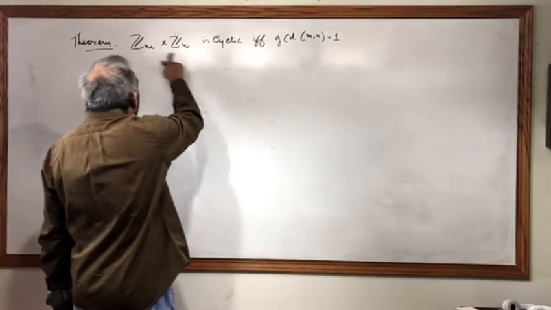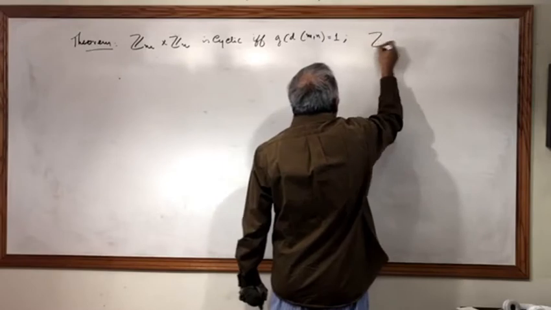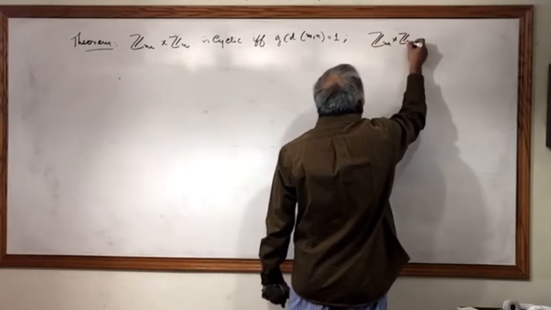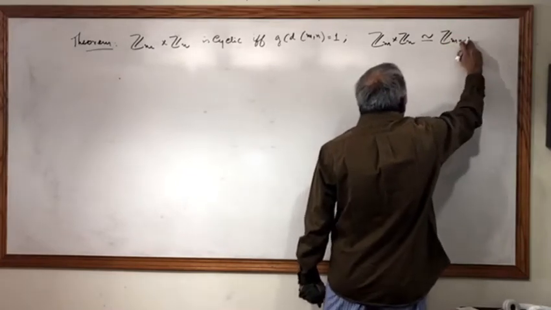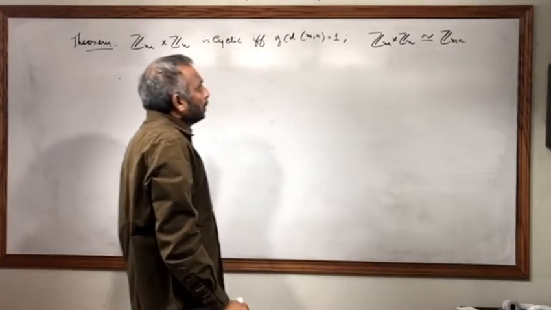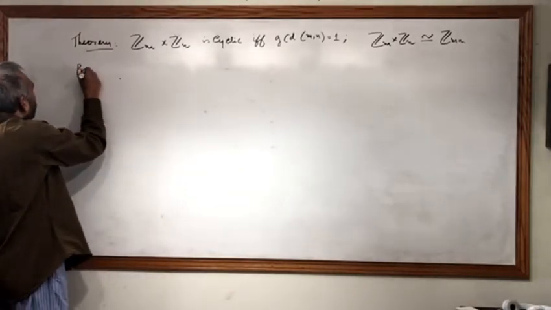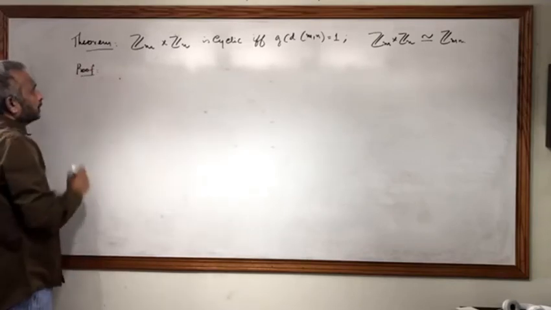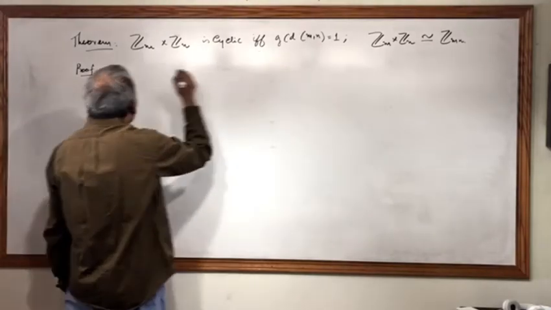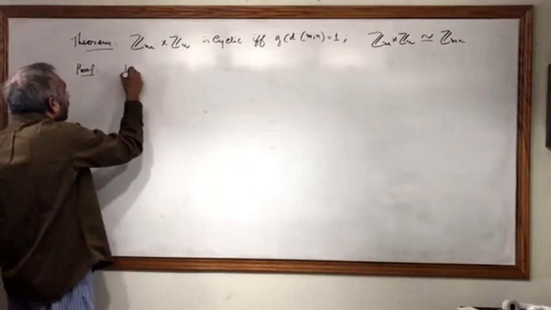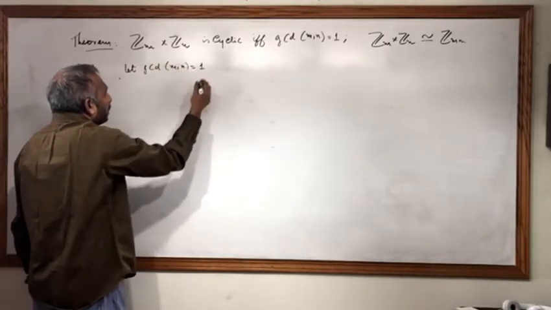And if one of this is true, then Zm cross Zn is isomorphic to Zmn. The way we are going to prove this is like this. There are two parts here, the if and only if condition. So what we are going to do is let GCD of m, n is equal to 1.